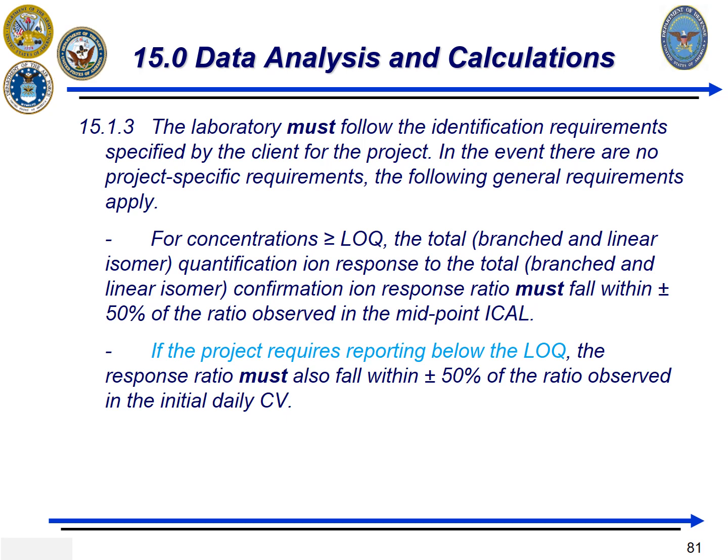It also states that if projects require reporting limits below the LOQ, which the DoD does, the response ratio must also fall within plus or minus 50% of the ratio observed in the initial daily calibration verification.